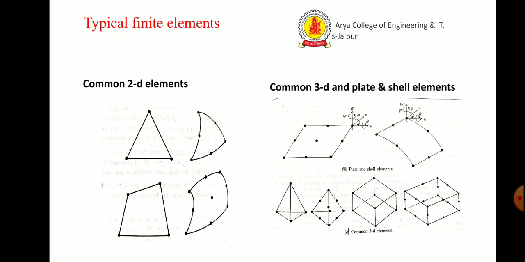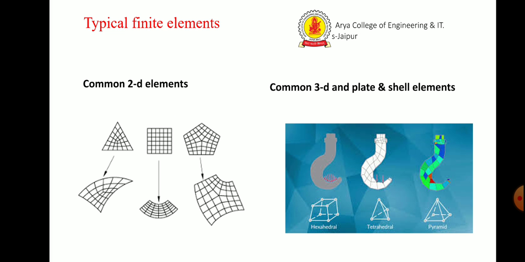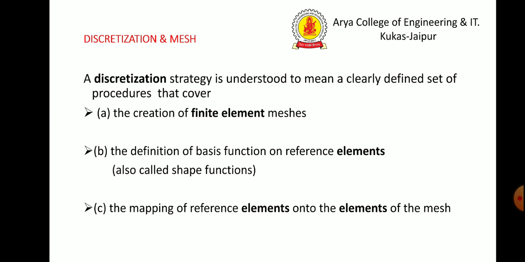These are known as finite elements, and we join the total number of finite elements with a boundary condition and apply different types of approaches to get the required output.